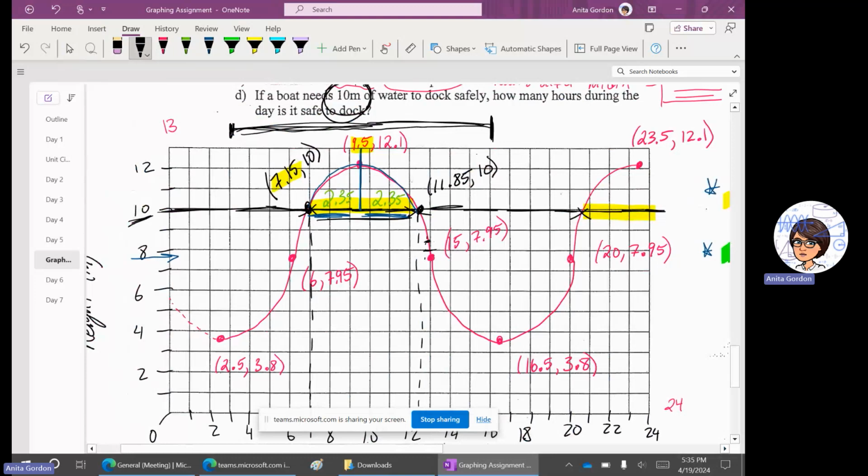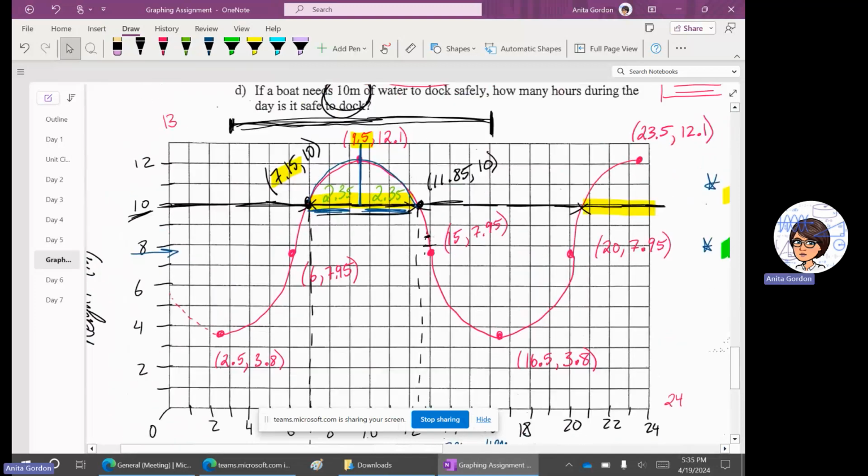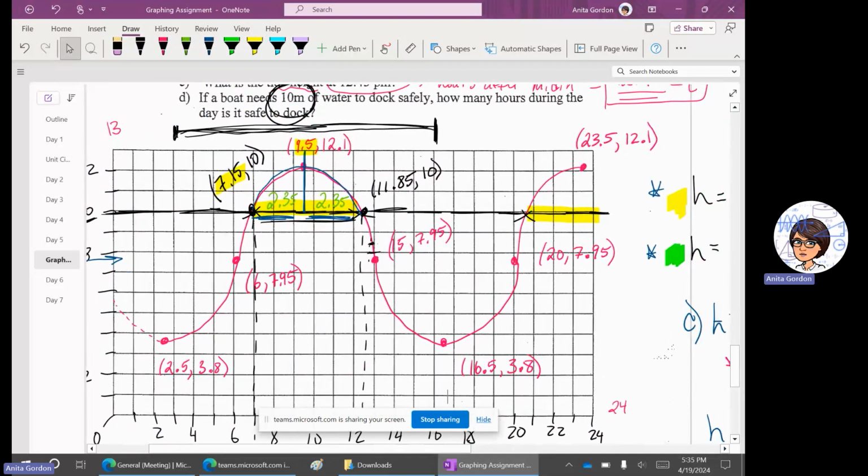That was the whole point of it, right? Which is pretty close to where we thought. We said it was going to be near 12. So this convinces me that our graph is actually a really good picture of what's going on in reality.